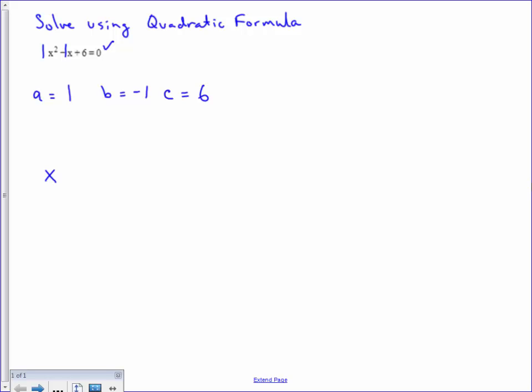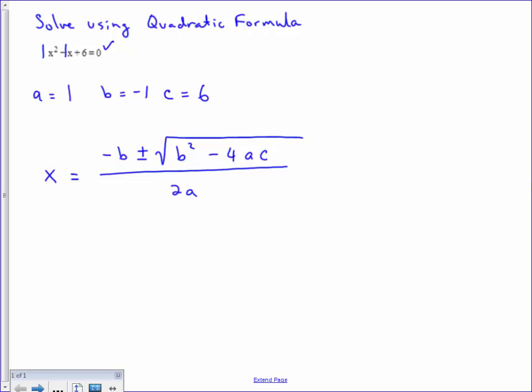Quadratic formula is x equals -b plus and minus square root b squared minus 4ac all over 2a. We now want to plug our values in for the a, b, and c.